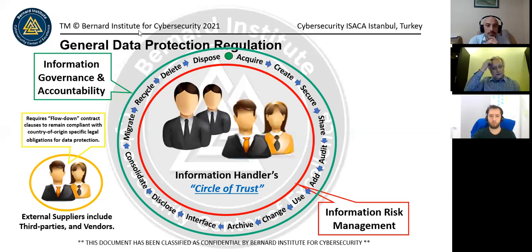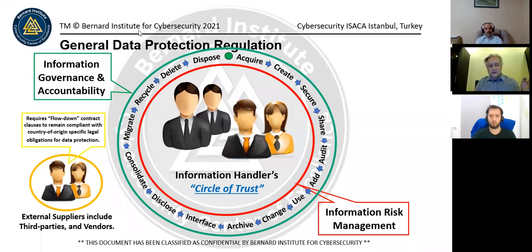And also the other angle with flow down clauses is that sometimes you have a third party working on your information and they're providing some kind of a processing function maybe, or storage, but they might hire a third party to provide some of the service. And that happens a lot, actually. You'd be surprised how many partners have third parties working on data.